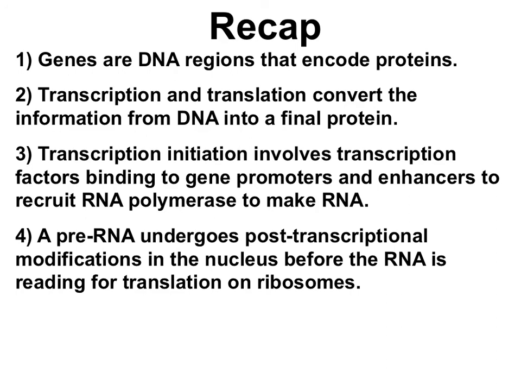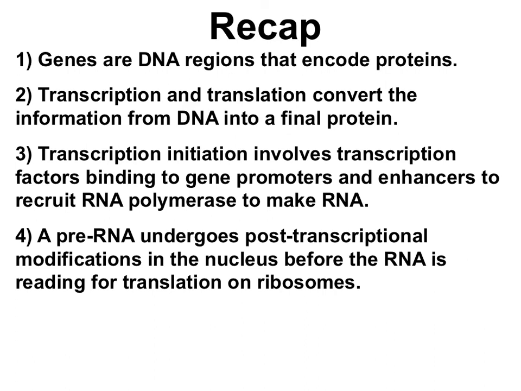Let's recap. Genes are DNA regions that encode proteins and have some other specialized DNA sequences as well. Transcription and translation convert the information from genes into a final protein. This video focused on transcription.